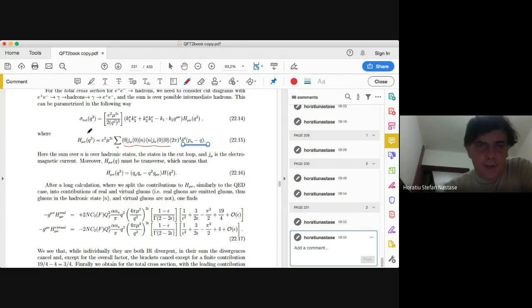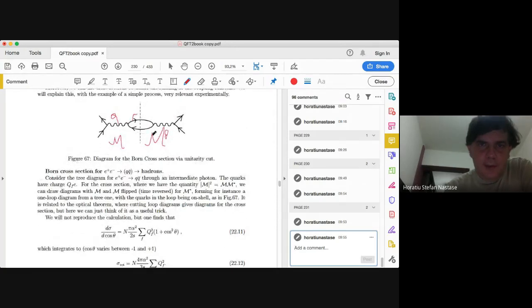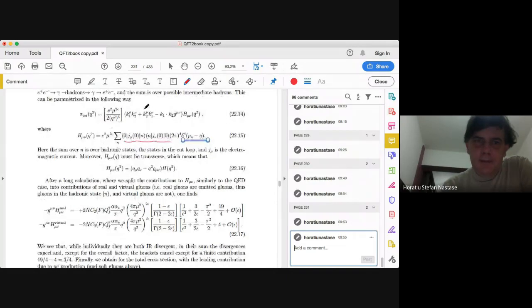Then the same gauge invariance is applied to the factor h mu nu that came from this part. This was h mu nu depending on the photon momentum q, but gauge invariance means that contracting it with q mu or q nu should give 0.